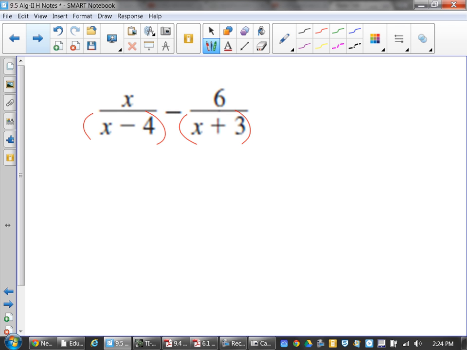It's a binomial. There's two parts there. These are terms, guys. Those are individual terms. Okay? It's a binomial and a binomial. So your denominator is going to wind up being x minus 4, x plus 3.